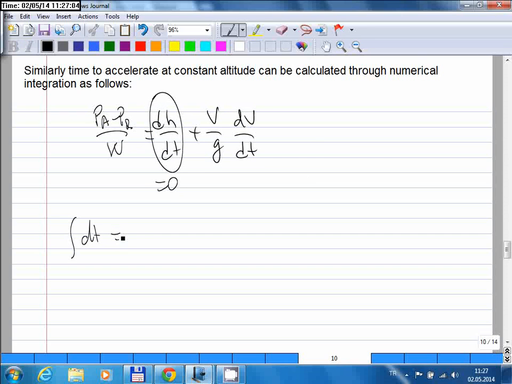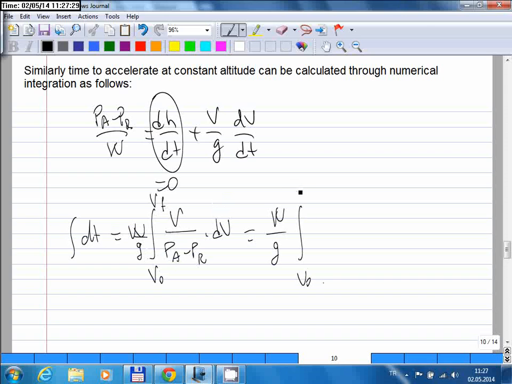On the right hand side, you can assume weight to be constant and take it outside the integral, and g as well. And then you will have v over... and you can further write this as weight over gravity, integral from v0 to vf, 1 over thrust available minus thrust required times dv.